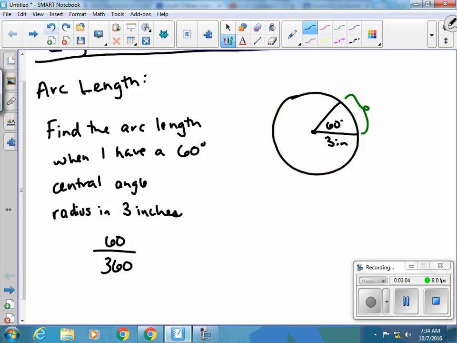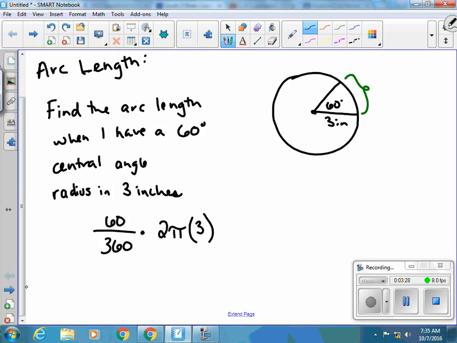So I know my circumference formula is 2 pi r. So I'm going to use that. Okay, and that makes sense. I'm taking the whole circle, so 2 pi r for my circumference, but then I'm splitting it up into a fraction of just that portion, which is where that 60 over 360 comes into play. Okay, so I can reduce this a little bit.